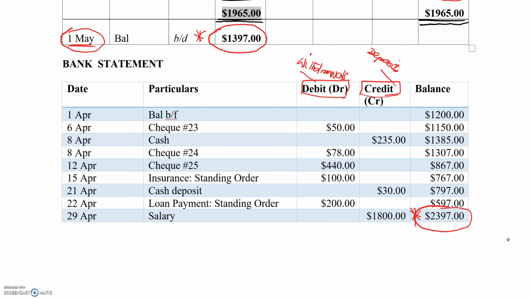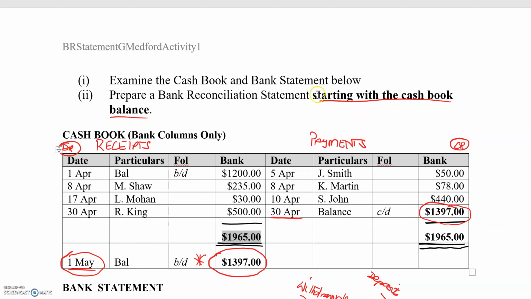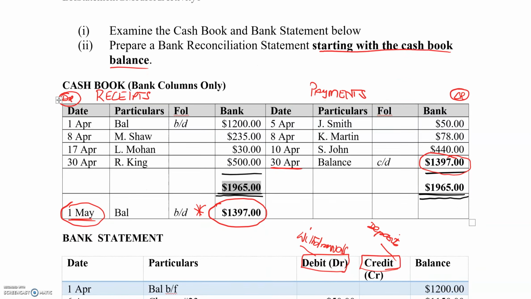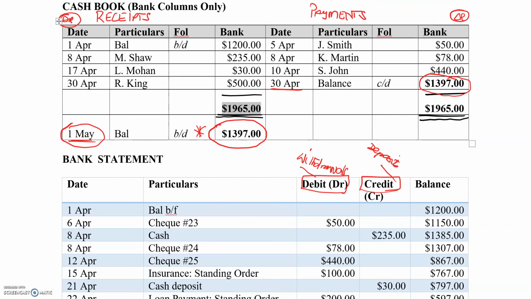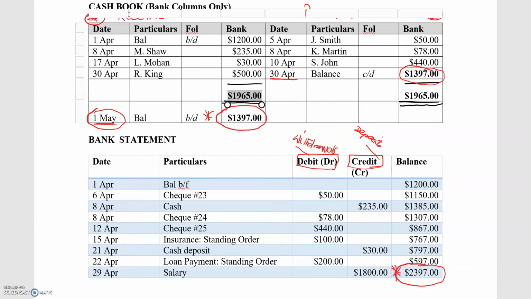Therefore, we need to prepare a bank reconciliation statement, and we were asked to prepare the bank reconciliation statement starting with the cash book balance. So we have to prepare the bank reconciliation statement starting with the cash book balance in order to reconcile both balances of $1,397 and $2,397.